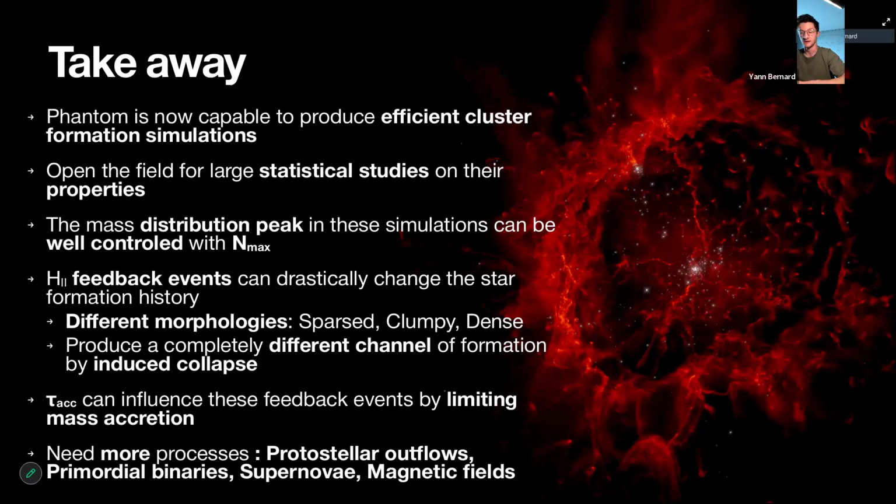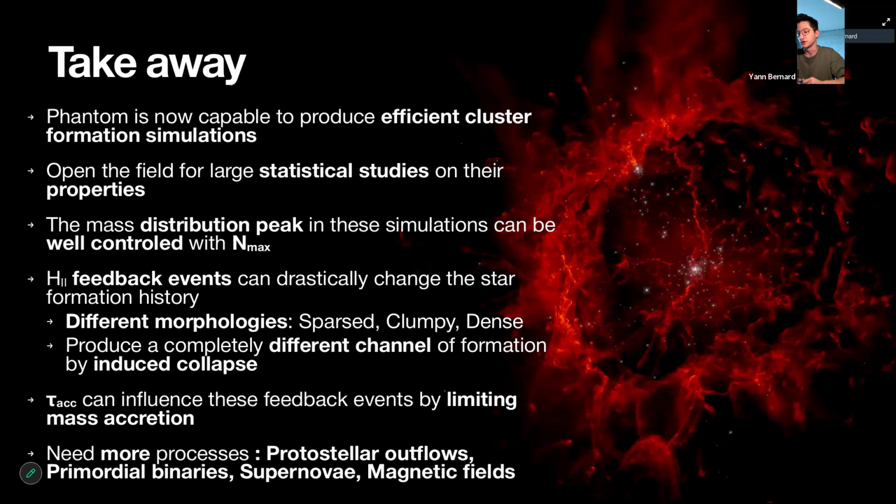But again, this is a very narrow picture because we don't have enough processes present in this early evolution. Typically, we lack protostellar outflows that can regulate the star formation.